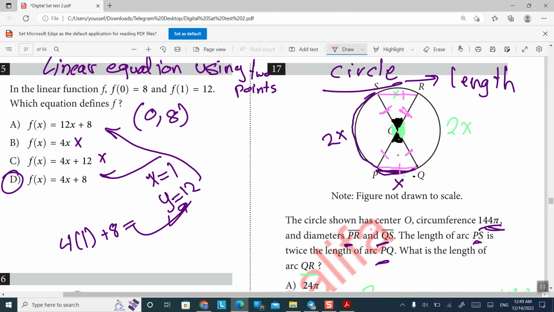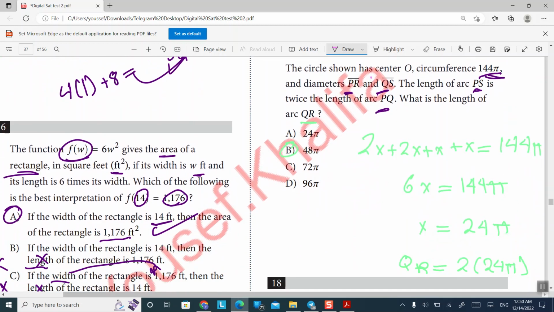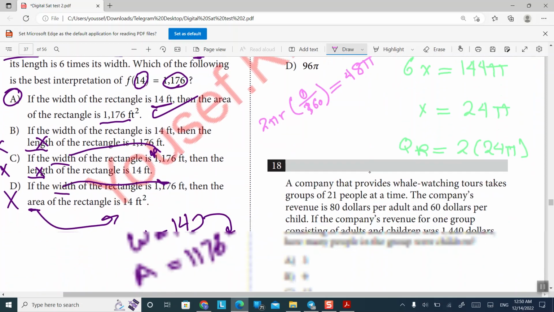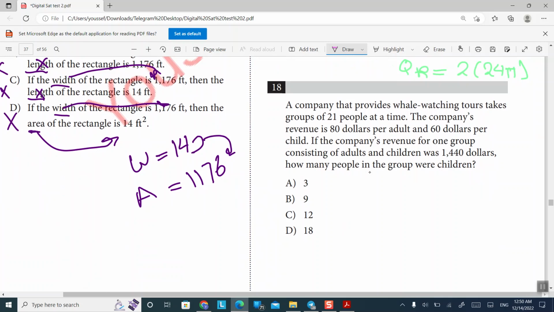So this triangle is an equilateral triangle, which means that each angle inside is equal to 60. Same thing, 60, 60, 60. Using the formula of the length of arc, which is 2 pi r times theta, the including angle, over 360, you will find out that the answer is also 48 pi. Okay, hope it's clear. Let's move on.